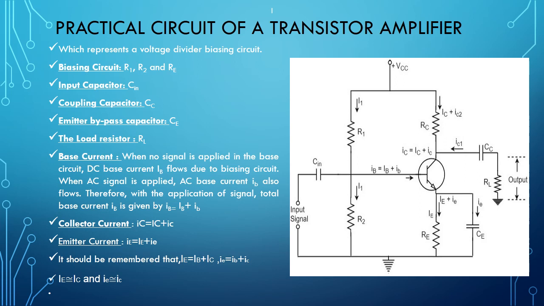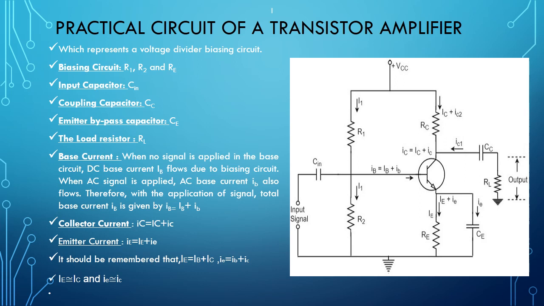Now we will see the various circuit currents in the practical circuit. First we will go with the base current. When no signal is applied, a DC base current IB, represented with capital letters, flows due to the biasing circuit.